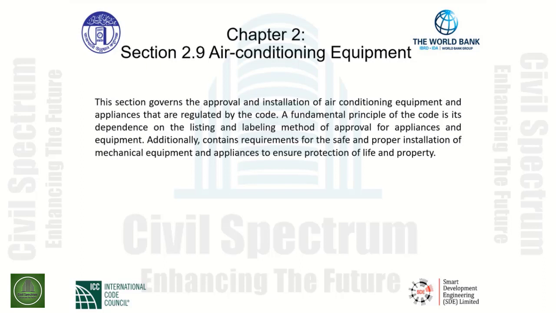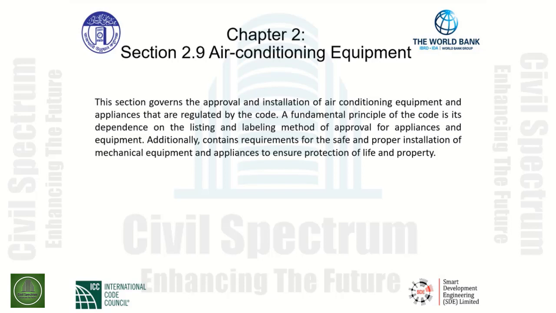Chapter 2, Section 2.9, Air Conditioning Equipment. This section governs the approval and installation of air conditioning equipment and appliances that are regulated by the code. A fundamental principle of the code is its dependence on the listing and labeling method of approval for appliances and equipment.